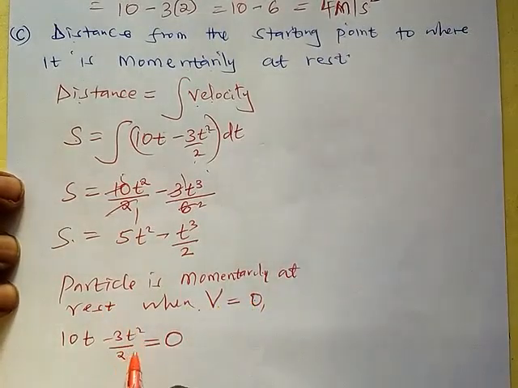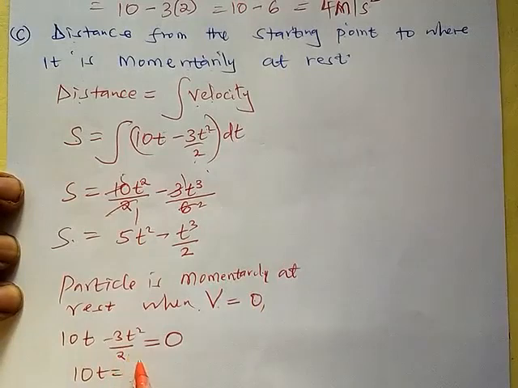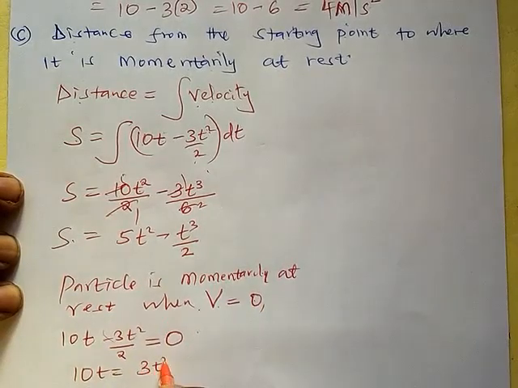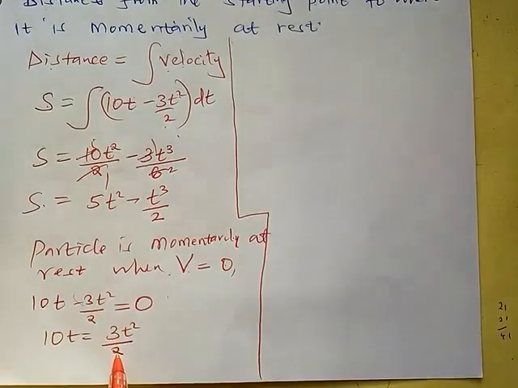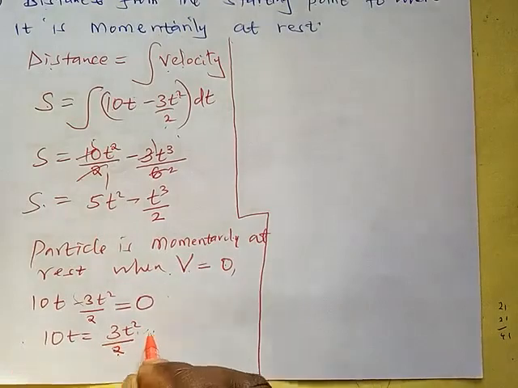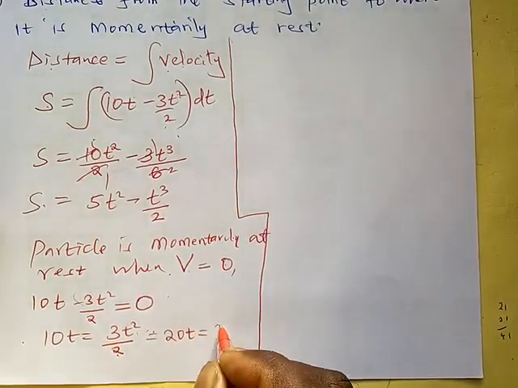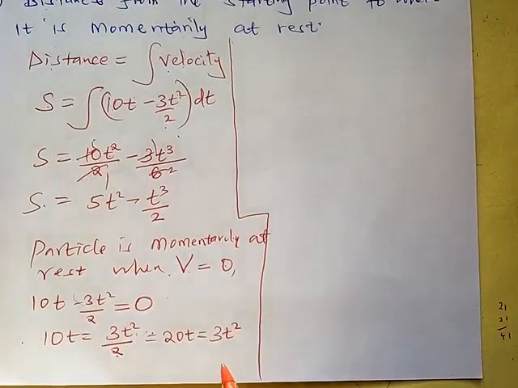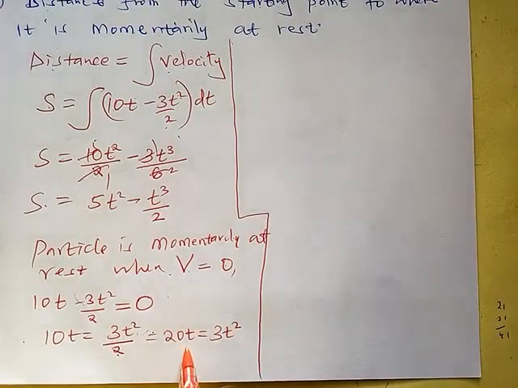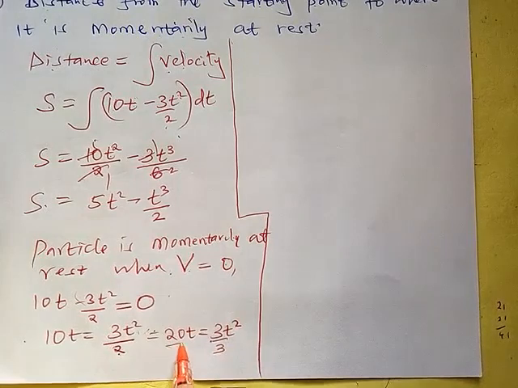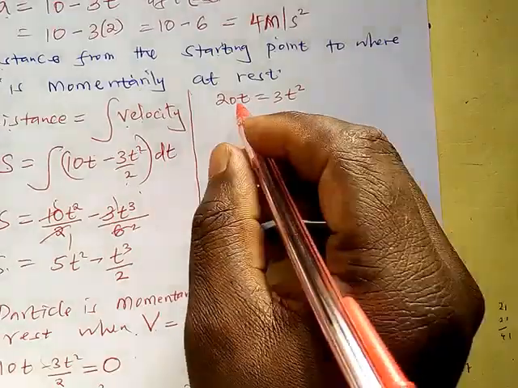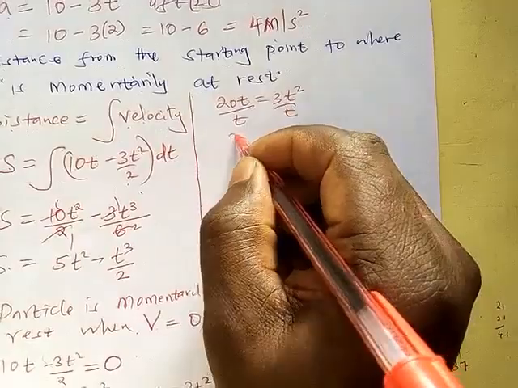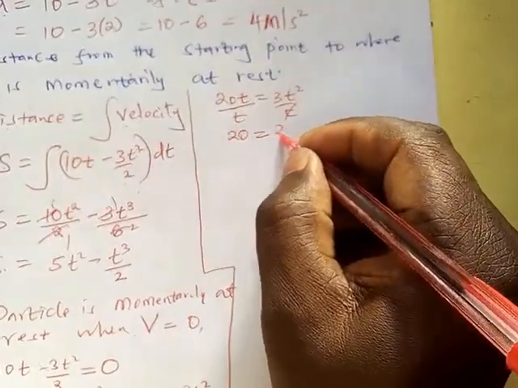We want time here. So this one will give us 10t equal to 3t squared divided by 2. We want to eliminate this 2, so we multiply by 2, and we will have 20t equal to 3t squared. We can divide both sides by t, and we will have 20 equal to 3t.